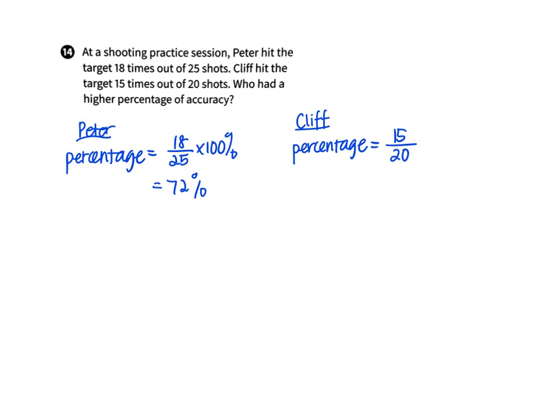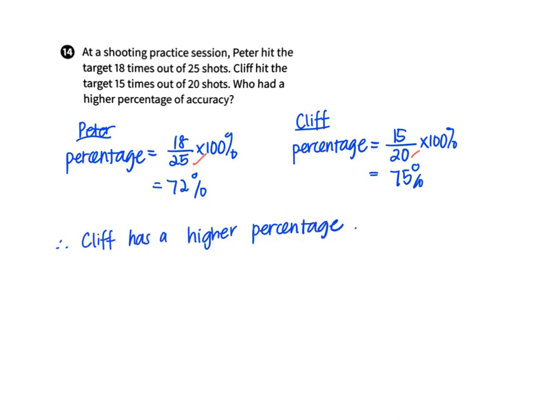Now notice the base is different: one is 25, one is 20. Then times 100%, that gives me 75%. As such, who has a higher percentage of accuracy? Comparing the two, Cliff is 75% and Peter is 72%. So Cliff has a higher percentage. Next question.